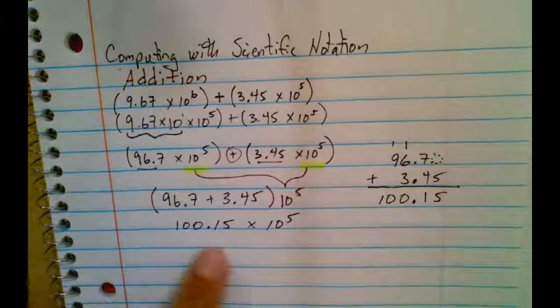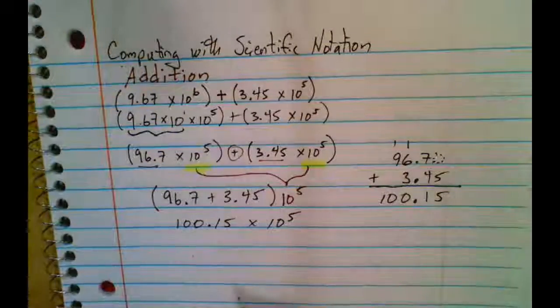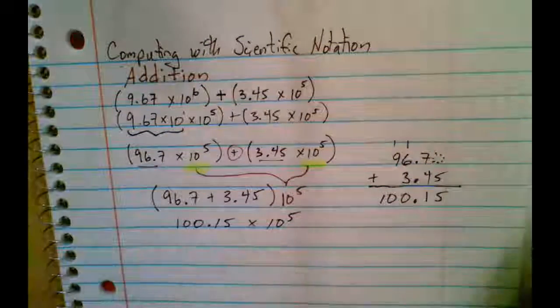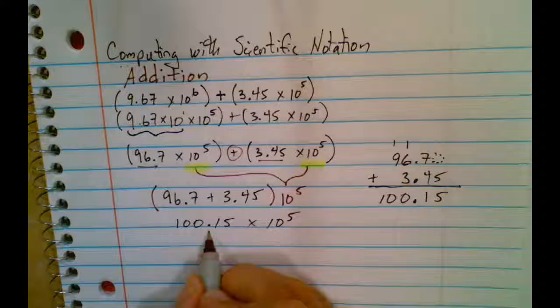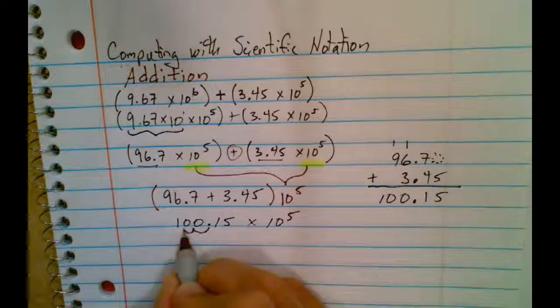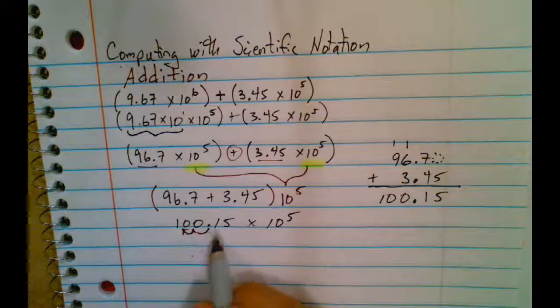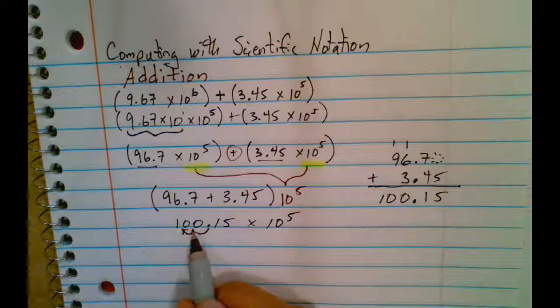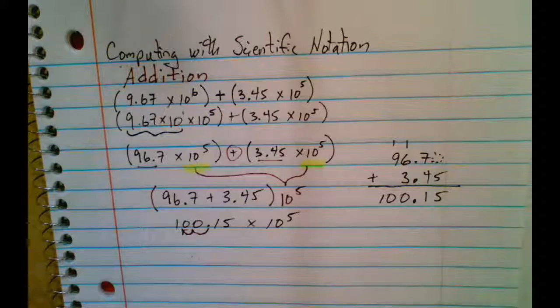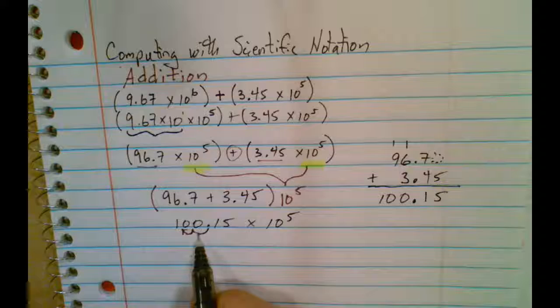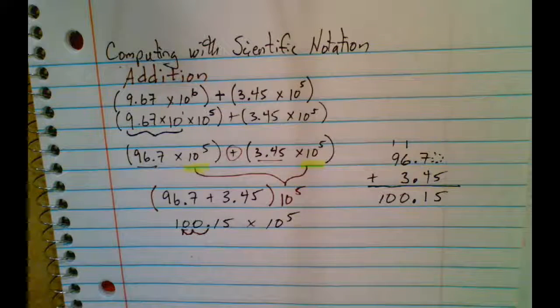Now we're starting to look close to scientific notation, but I have to move my decimal point. If I move it this way, I'm making it smaller, so I'm actually dividing. I'm dividing by 100, using our negative exponent rule again.